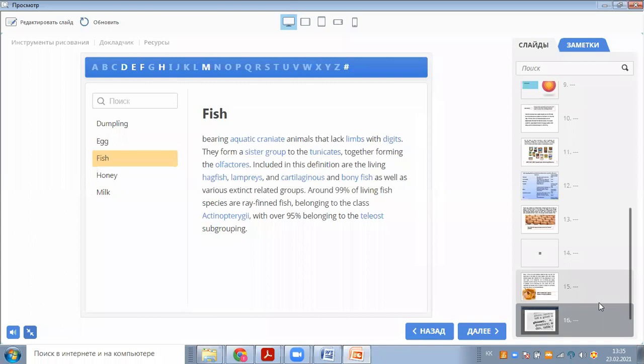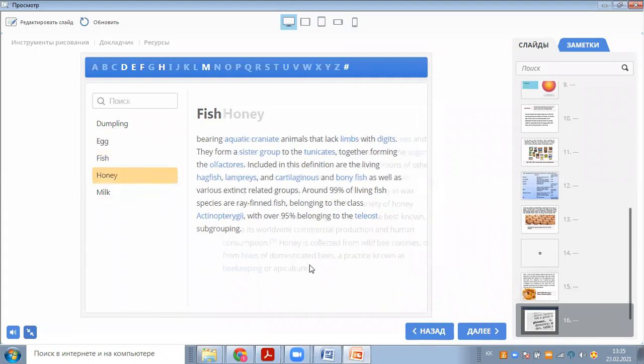And around 99% of living fish species are ray-finned fish belonging to the class Actinopterygii, with over 95% belonging to the Teleostei subgrouping.